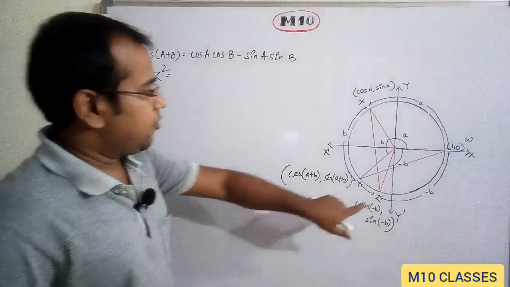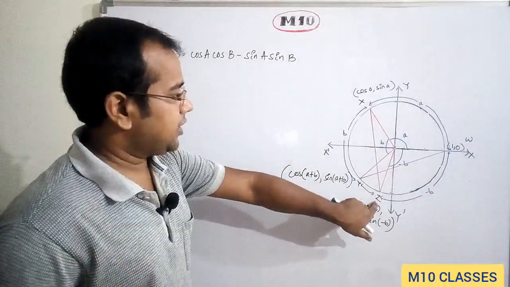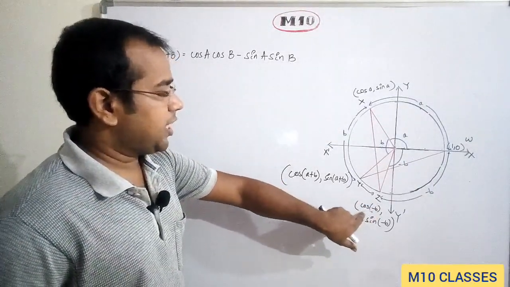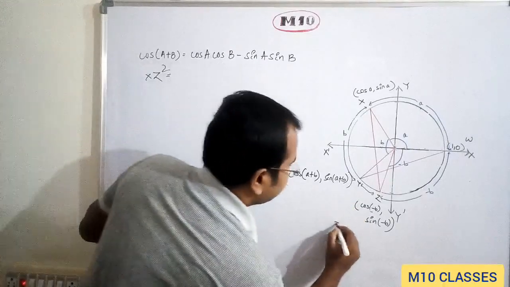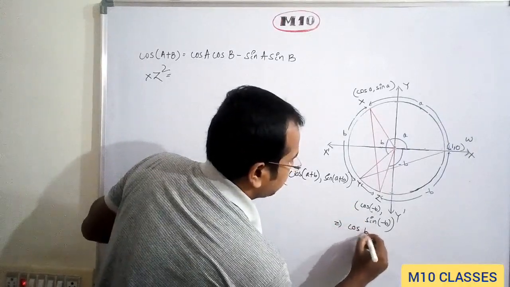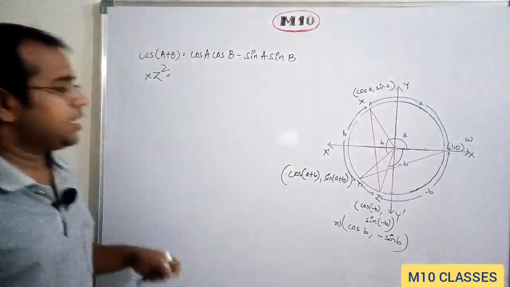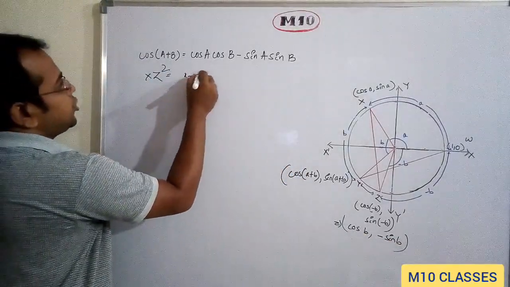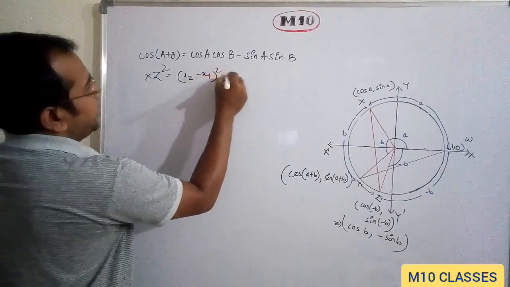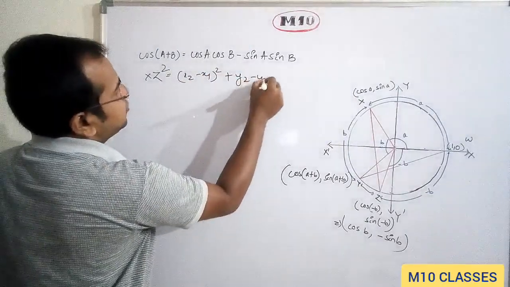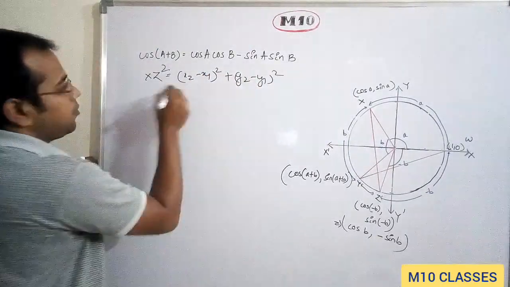Okay. For this one, what is Z? What is x2? That is cos of minus b. Now this cos of minus b is nothing but cos b, and this will be sin of minus b, that is minus sin b. So put this in x2 minus x1 whole square plus y2 minus y1 whole square. This is the distance formula.